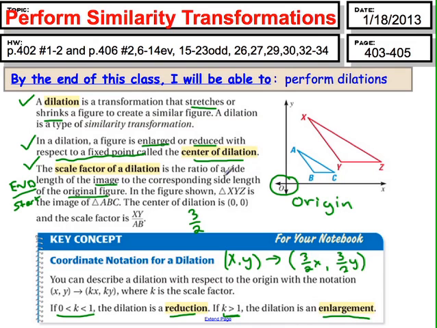These are words that we hear every so often, like a reduction in salary or enlargement in salary. We understand what those words mean. If there's ever a negative involved, the negative does not point to a dilation. It talks about a reflection of some kind or some other type of transformation. So these numbers always have to be greater than 0 when we talk about just a dilation.